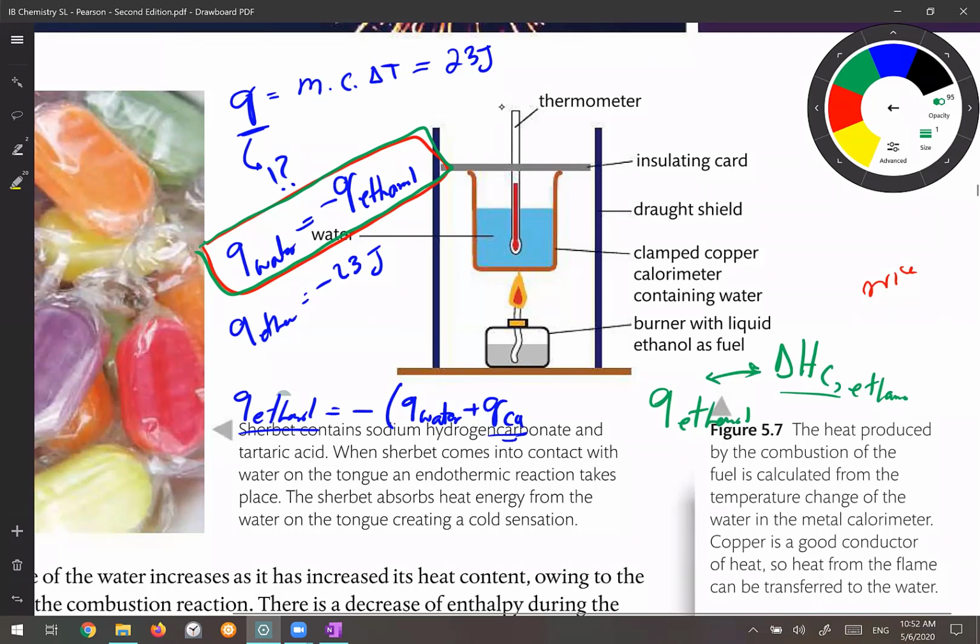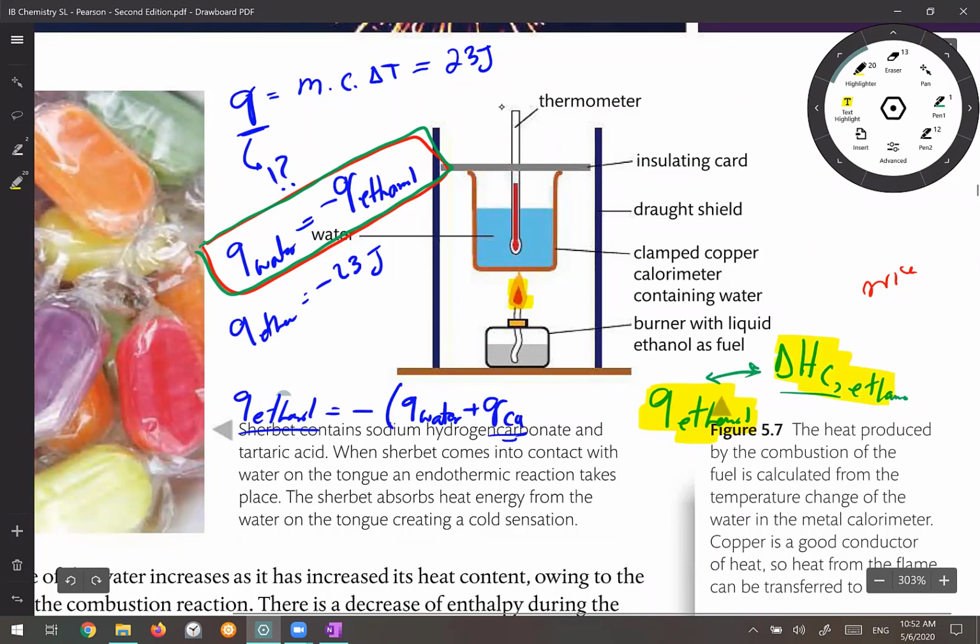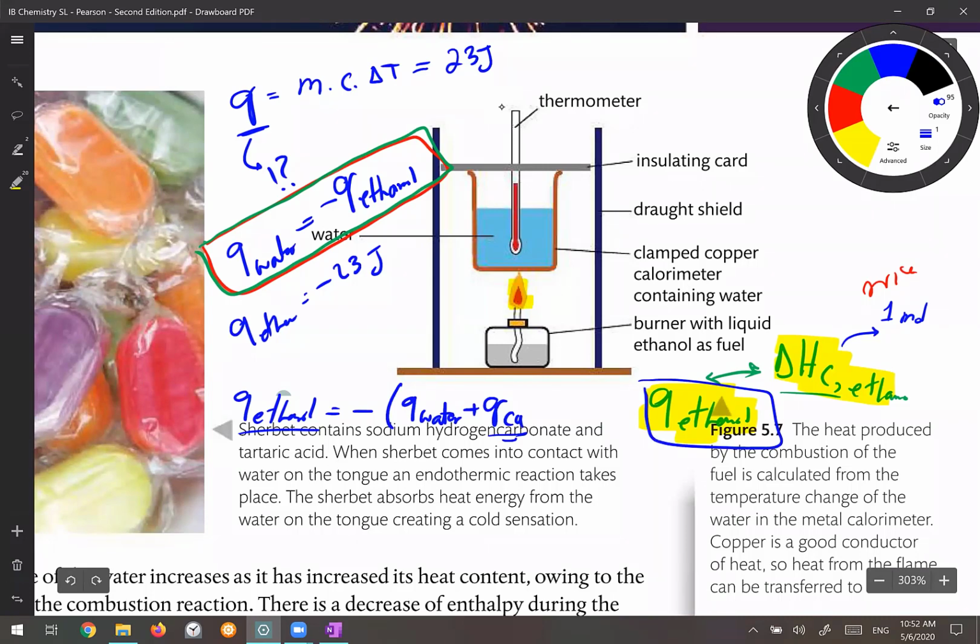The Q of ethanol is the amount of heat which is given out by burning the ethanol. But the delta H of combustion, if you remember, we have measured it for 1 mole. This one must be the amount of heat which is released by burning 1 mole of substance. But the Q doesn't guarantee that you have burned 1 mole of substance.